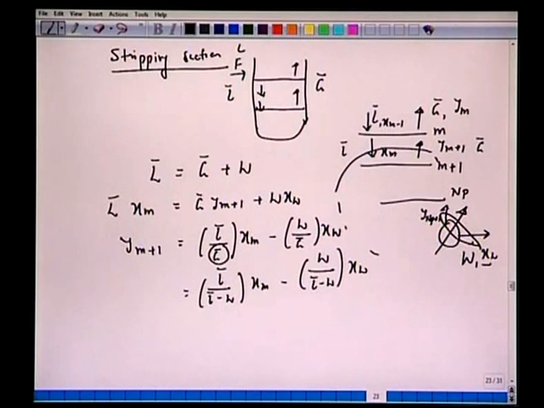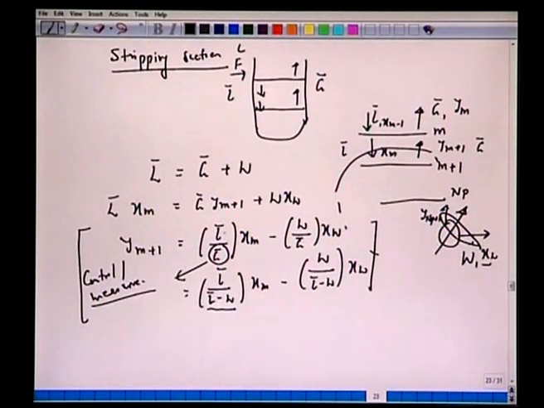Instead of G bar, we write L bar minus W, because very often it is difficult to control as well as to measure the molar flow rate of G bar. Most of the time in a distillation column, we have the data for the liquid. So we can write G bar as L bar minus W. The two are the same. That's our operating line.